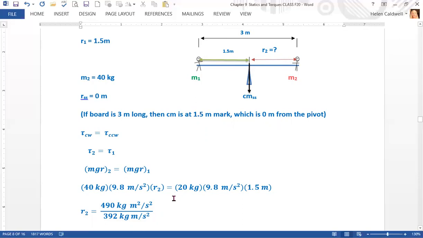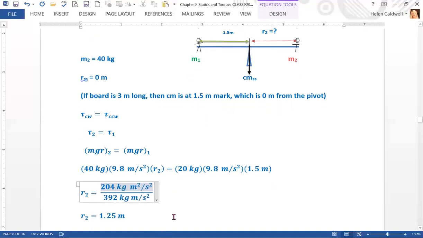Let's see what 20 times 9.8 times 1.5 gives me. 20 times 9.8 times 1.5 is 294. And that is my new numerator, 294 kilogram meters per second squared, and 294 divided by 392 is 0.75.